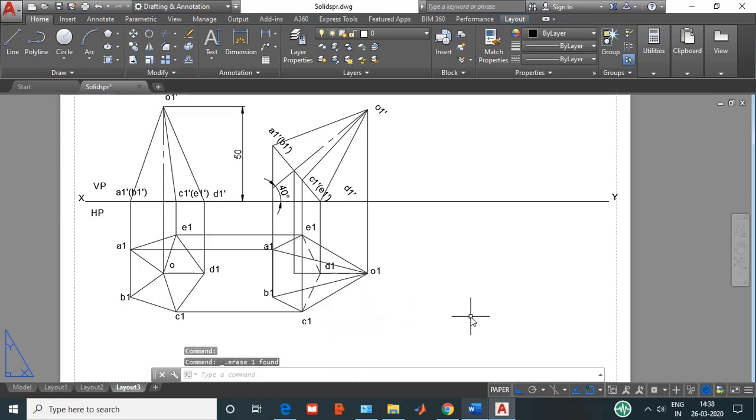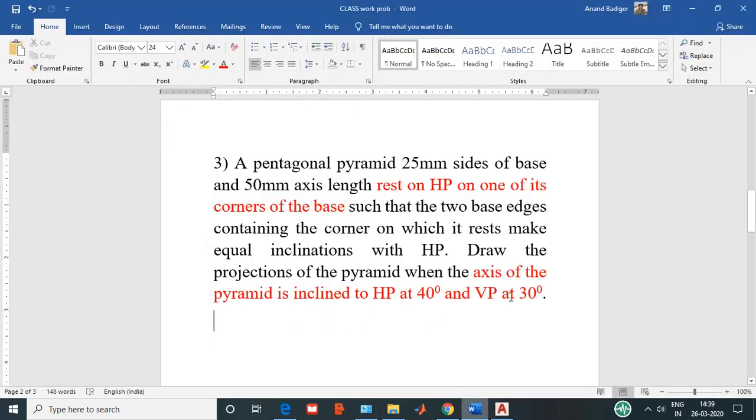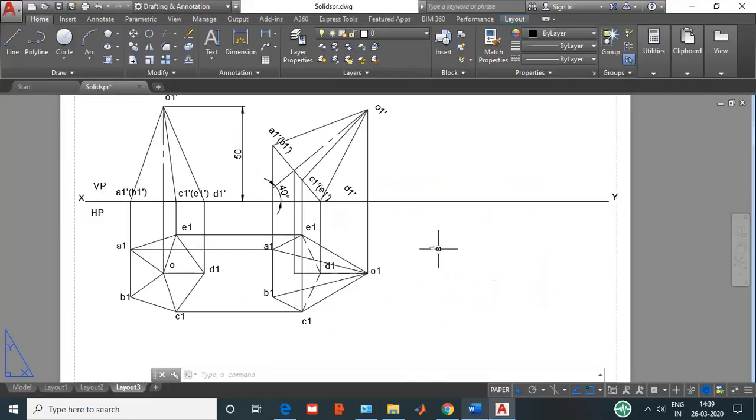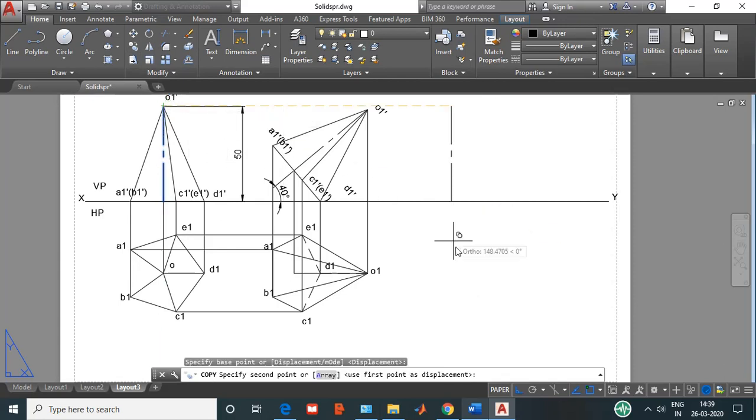Yesterday I already told you how to find beta, I'll repeat it again, just listen. Here VP is inclined at 30 degrees. So in a manual sketch we draw a 30 degree line, and on this we mark the original length of the axis. Here in the software, I will directly copy the axis and keep it over here.